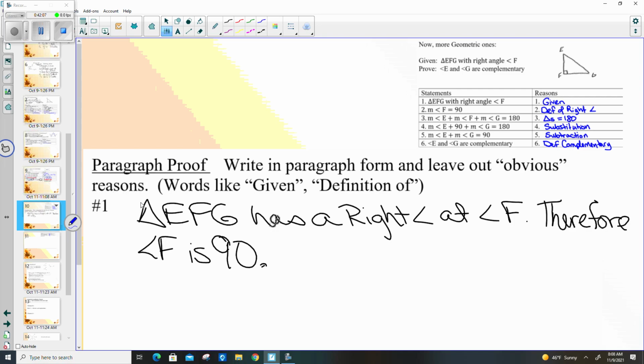Okay, so the next step was angle E plus angle F plus angle G equals 180, because triangles equal 180. Let's put that in a sentence. Could almost do it like I said it, or we can move it around a little bit. What do you want to do?